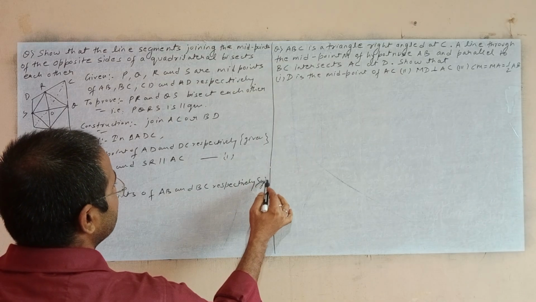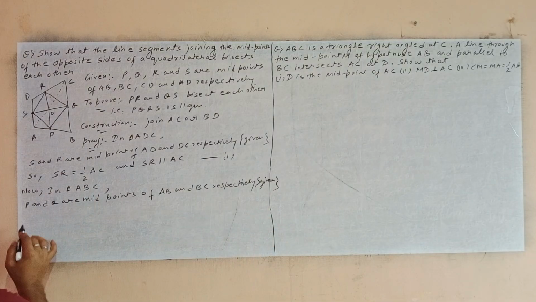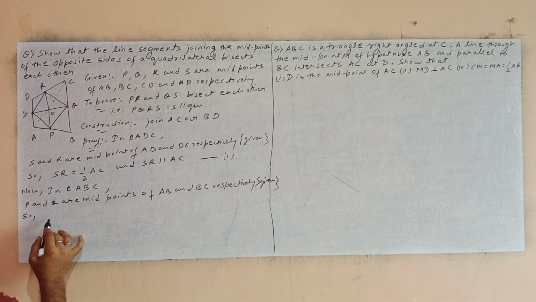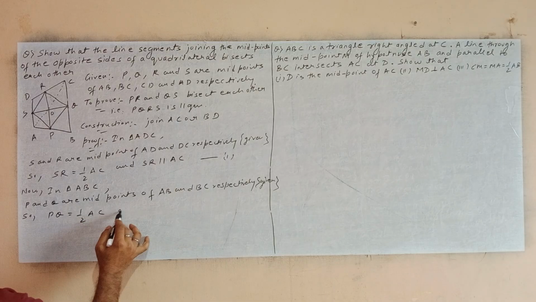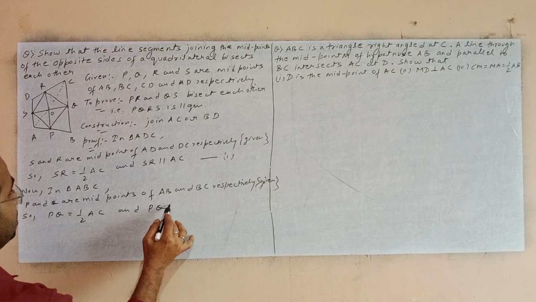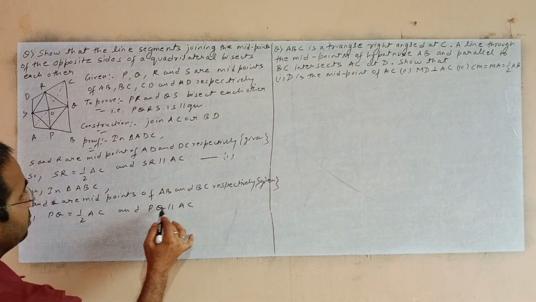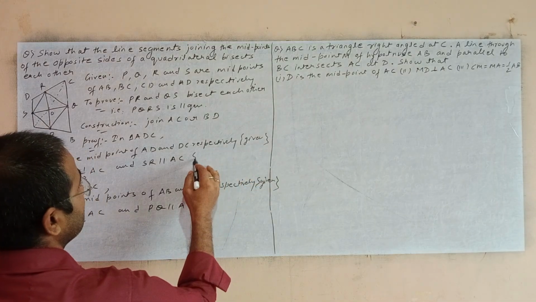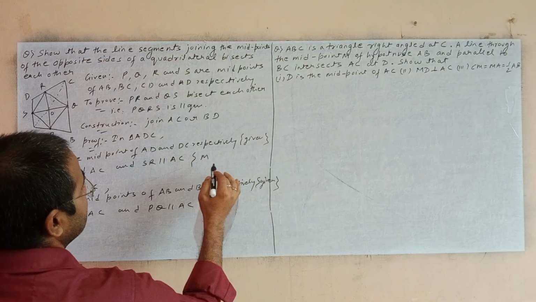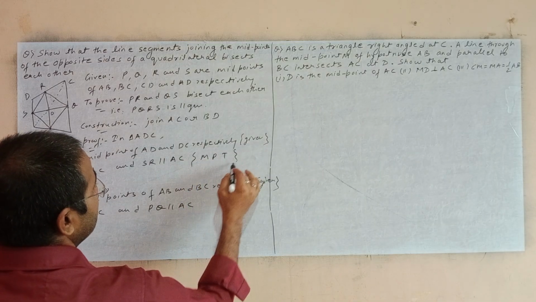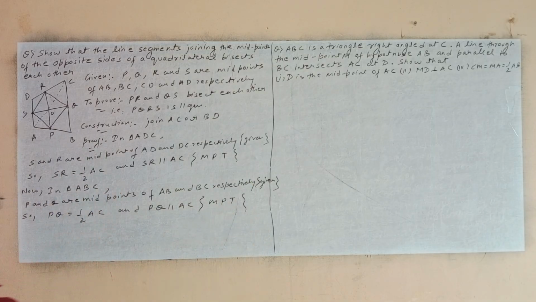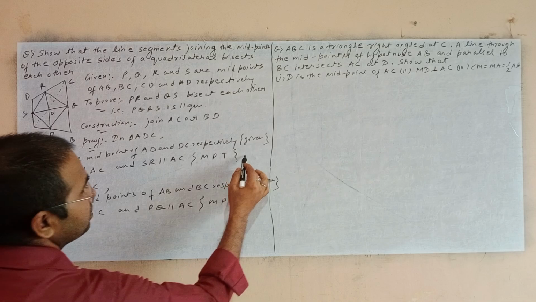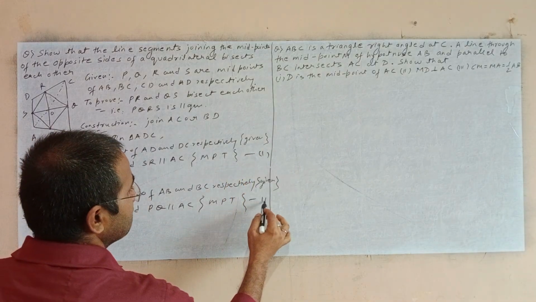Why is it also given? So you can write PQ is equal to half of AC and PQ is parallel to AC also. Here you have to write the reason: by MPT, the midpoint theorem. Take it as the second equation.